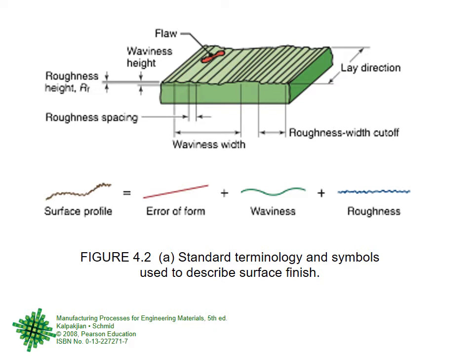This is a good schematic diagram to tell you about texture features: standard terminology and symbols used to describe surface finish or surface texture. So this is any part, and you are showing the surface here. Now, there is some defect on the surface. So there is a general word called flaw, F-L-A-W.